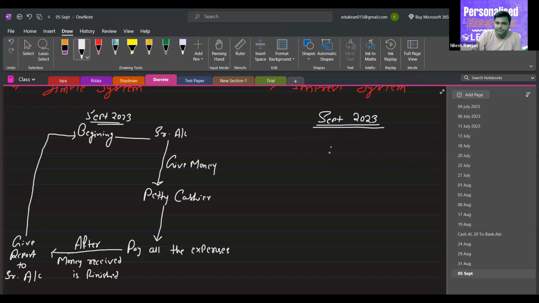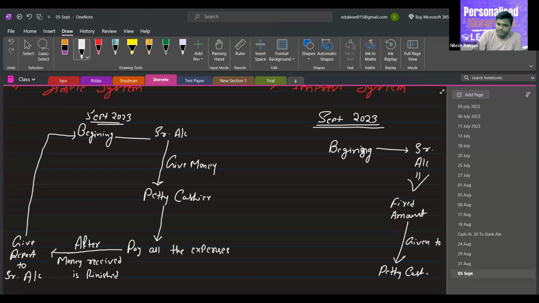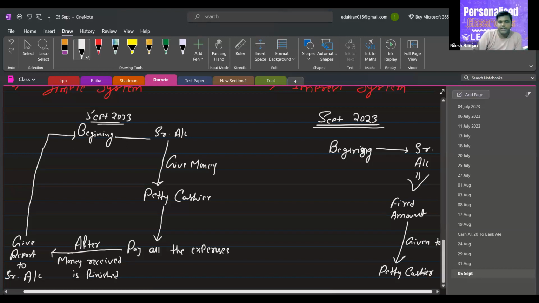Again, it is the beginning, and in the beginning the senior accountant will give a fixed amount to the petty cashier, and the petty cashier will pay all the expenses.